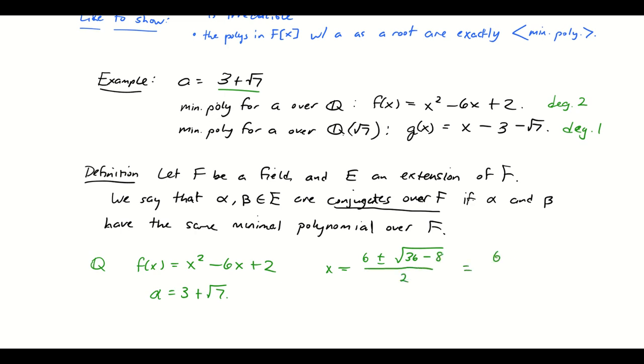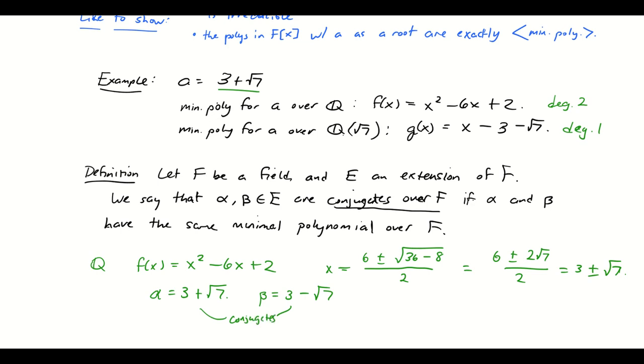That works out to 6 plus or minus the square root of 28, that's 2 root 7, all over 2, which is 3 plus or minus root 7. And you can just as easily verify that 3 minus root 7 will not be a root of any linear polynomial over the rationals because, gosh, what would that look like? So the two roots of this polynomial, alpha equals 3 plus root 7 and beta equals 3 minus root 7, those are conjugates.